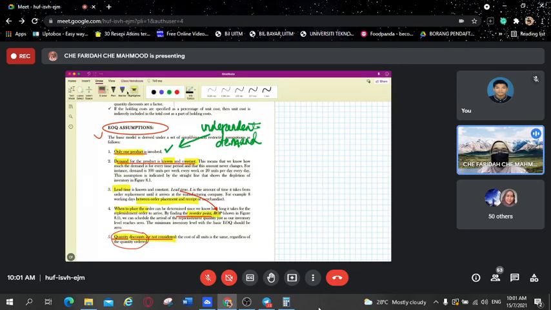So the demand is known and constant. What does it mean? If you can still recall, inventory is anything that we keep in the store to meet our demand.